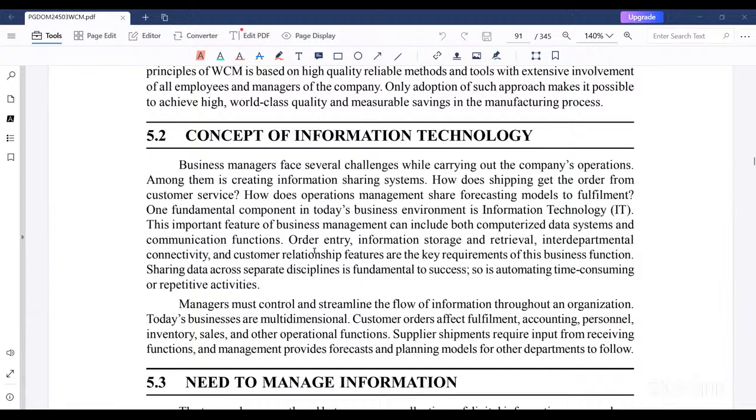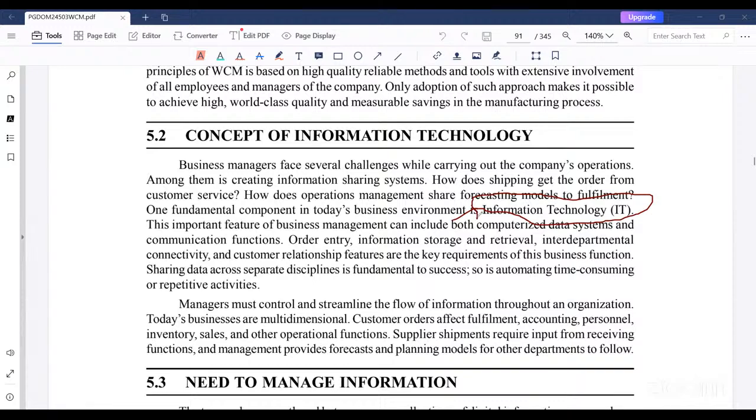But if we have some information technology source through which we can retrieve all this data, this will be much more useful for the organization, because if ready data is available with the management, they can take immediate business decisions.